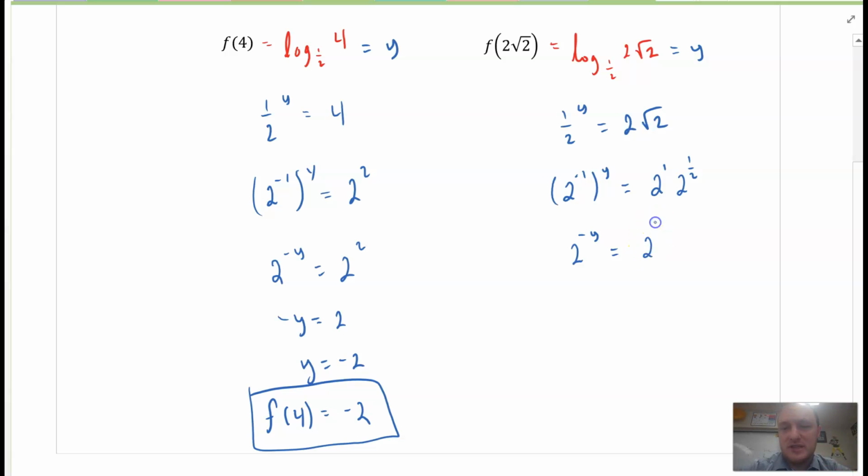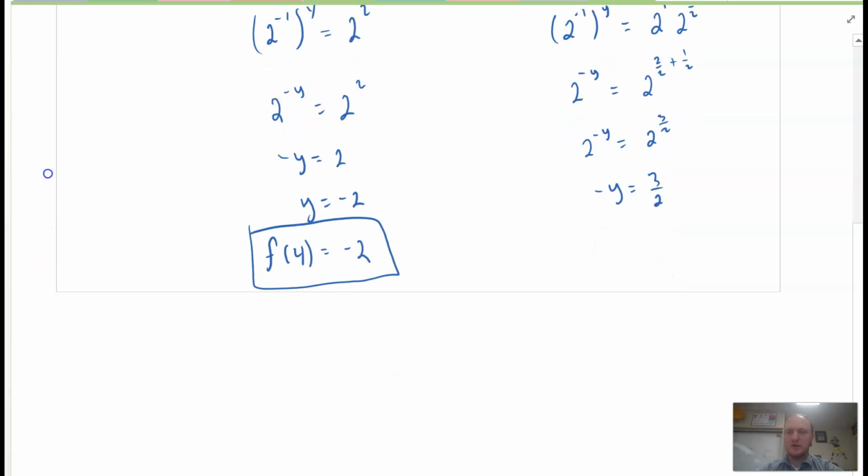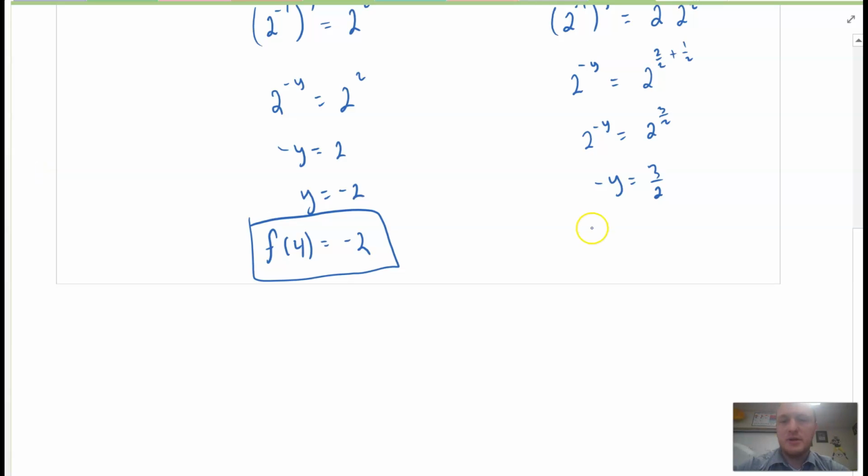So this is 2 to the power of, I'm going to rewrite 1 as 2 over 2, and add 1/2 to it. This gives us 2 to the power of negative y is equal to 2 to the power of 3/2. So negative y is equal to 3/2 by the exponential property of equality. And thus we know that y is equal to negative 3/2.